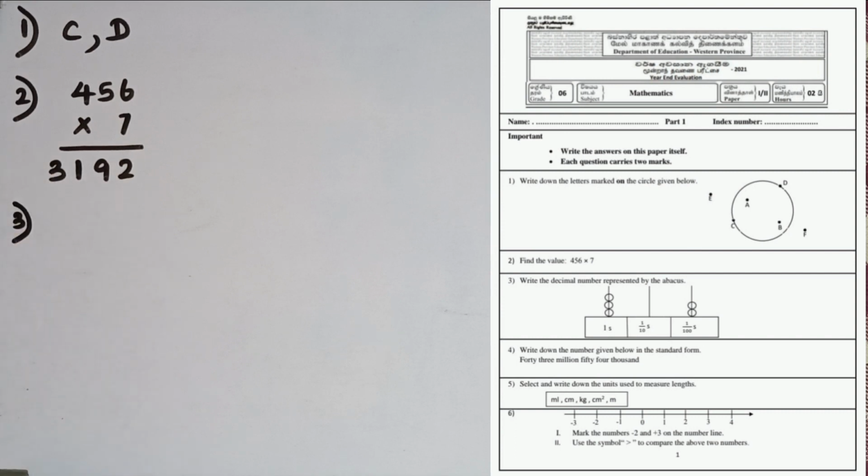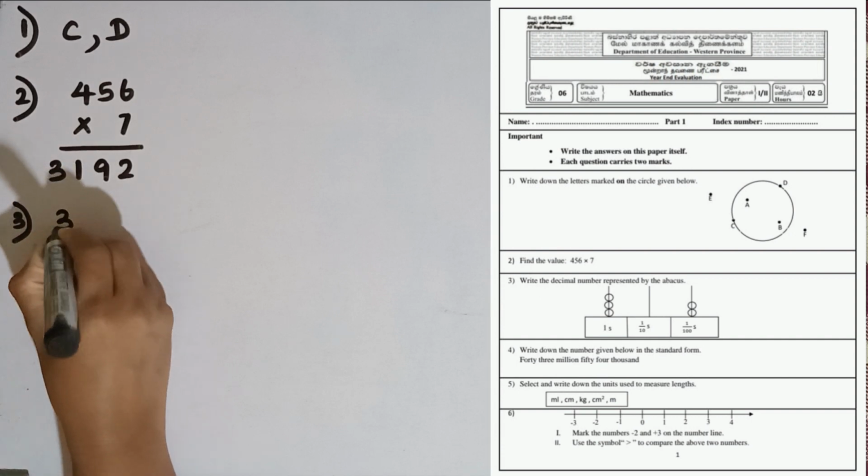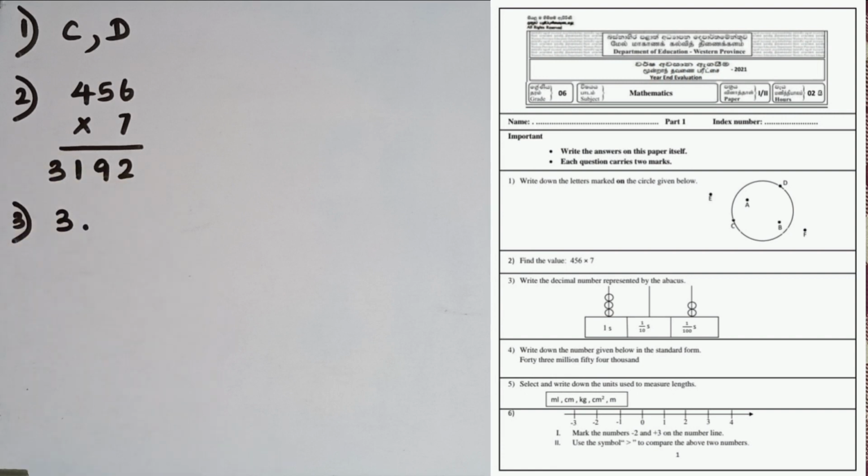Question number 3. Write the decimal number represented by the abacus. We are given this abacus. In the ones rod, we have 3 counters. So it becomes 3 point. Between the ones and tens, we have to keep the decimal point.